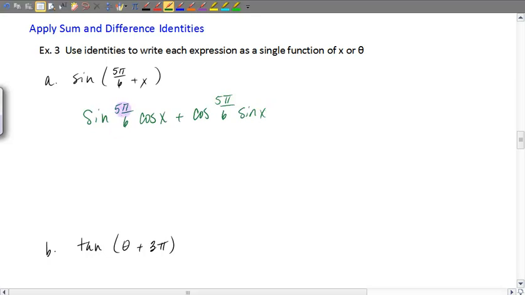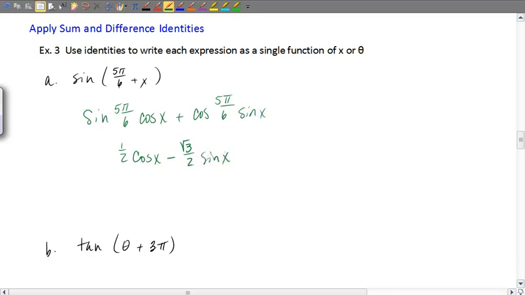Well, I can simplify the sine of 5 pi over 6 by rewriting that as 1/2 times the cosine of x, plus the cosine of 5 pi over 6 is going to be negative square root of 3 over 2, so let's change that to minus the square root of 3 over 2, times sine x.